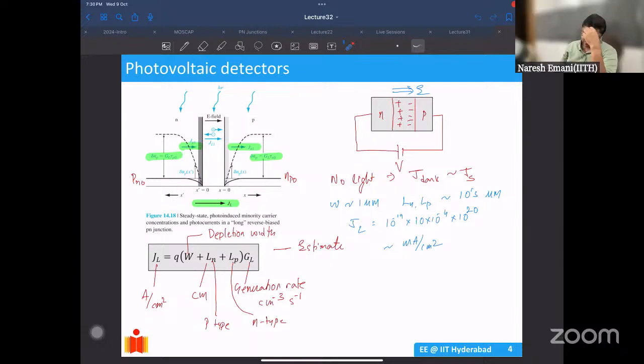The question here is, on the P side you have generated some excess charges. You're shining light everywhere, and because of that, some excess minority carrier concentration is created uniformly. But how would it be minority carriers?